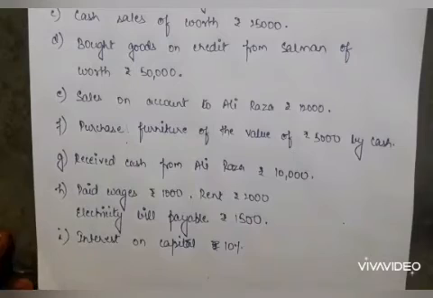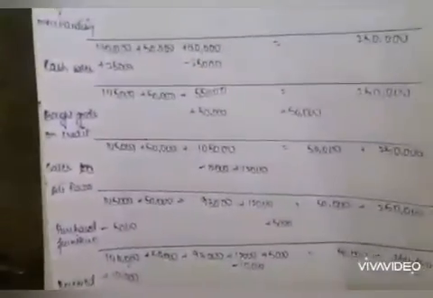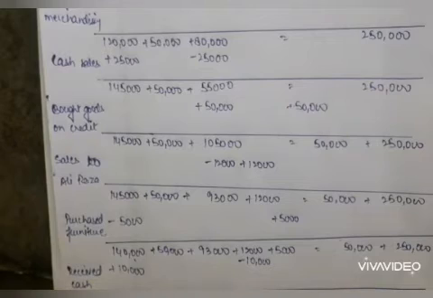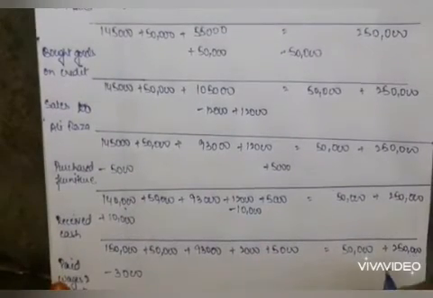Now the next transaction we have is we are paying wages rupees 1,000, rent rupees 2,000, and electricity bill payable is rupees 1,500. If we are paying wages and rent, these both are expenses, 1,000 and 2,000. So we have to subtract rupees 3,000 from the cash, and the same we have to do in the capital part.